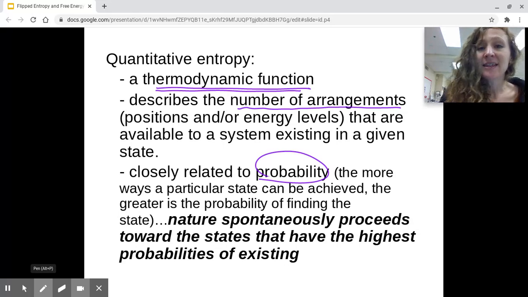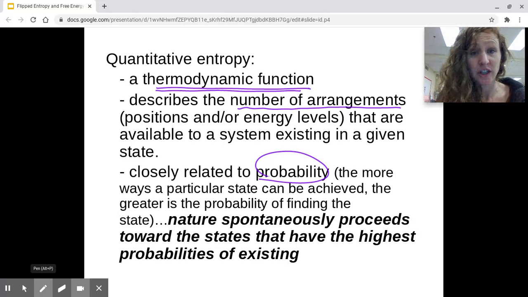And this kind of gets to this idea of the more ways a particular state can be achieved, think disorder, the more ways disorder can be achieved, the greater is the probability of finding that state. So it is more probable to find a disordered state for a deck of cards than it is to find an ordered state.